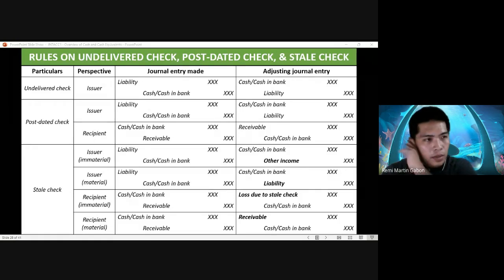For example, it also depends on the size of the business and the amount involved. Now, for example, 1,000 pesos. A 1,000 peso deficit is immaterial for large or big companies. But for small and micro entities, 1,000 is very material. Nagets ako dyan?